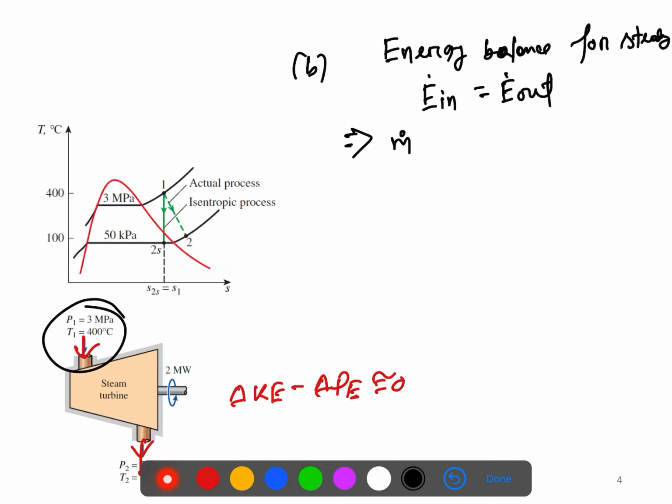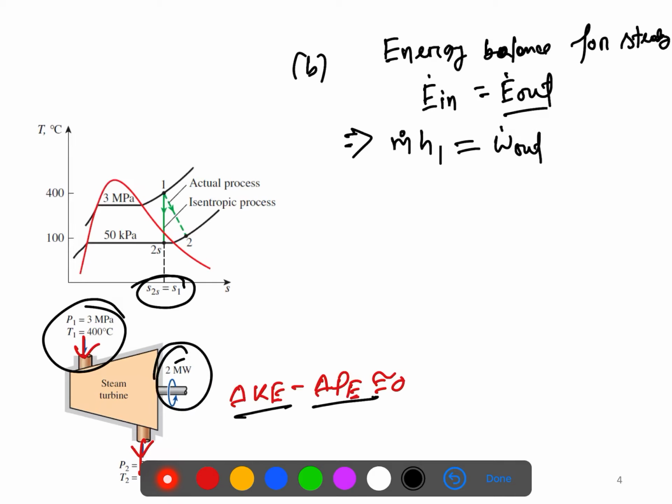And you can see we found the entropy is not changing, only the enthalpy. We know the formula actually: m dot times enthalpy plus kinetic and potential energy, but all these terms are 0, so I don't need to write them. So it will be m dot h1 equals, for the energy out, the work out plus m dot h2 through this outlet. I believe you understand this.